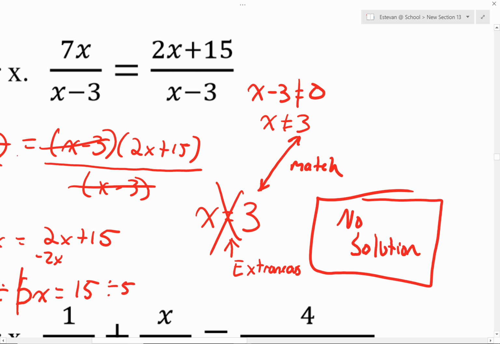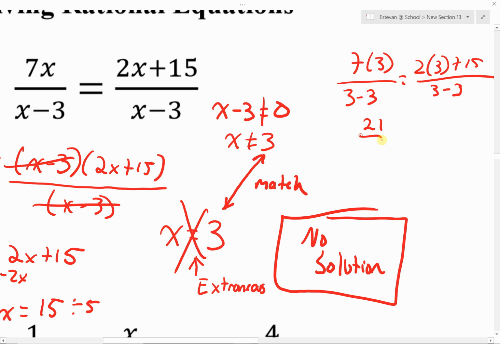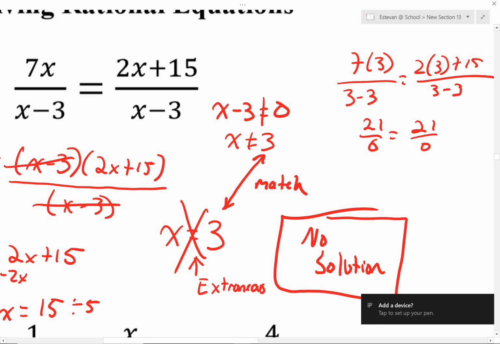Why does that matter? Well, if I plug in 3 here, I'm going to have 7 times 3 over 3 minus 3 is equal to 2 times 3 plus 15 over 3 minus 3. I end up getting 21 over 0 is equal to 21 over 0. When it's 21 over 0, they match.